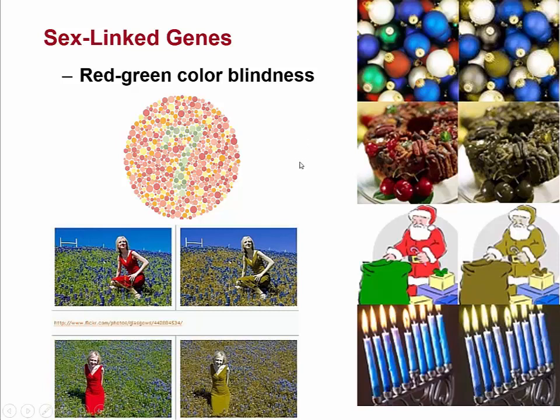If you have normal color vision, you should be able to see this 7 in here. You would see in this picture a woman with a red dress against a green background. Here she is with the red dress against a green background. Somebody who has red-green color blindness has a tough time telling between red and green. So here's the same dress as seen by somebody with red-green color blindness. You're looking up here at the bulbs.